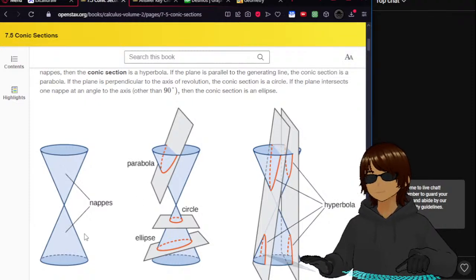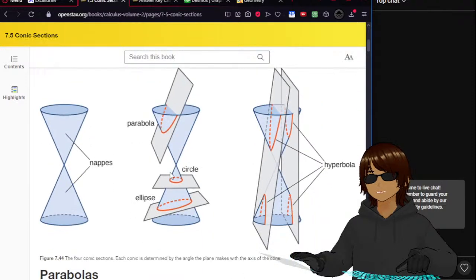So yeah, the nappes. Okay, so from what I understand, if the plane is parallel to the x-axis, then the intersection would be a circle. If the plane is parallel to the side of the cone, then the shape you get is a parabola.